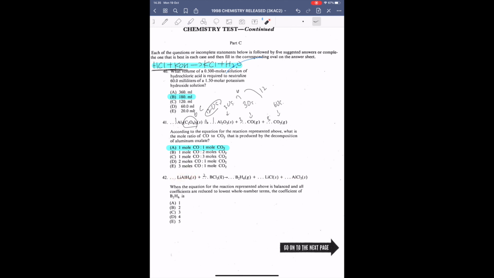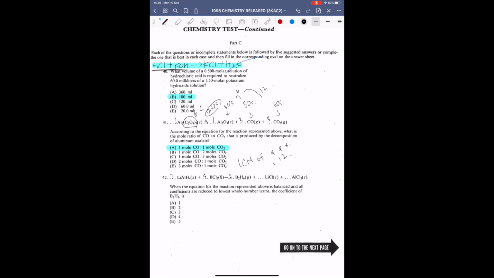So we know that lithium aluminum hydride is present in more than 1 mole, so we know that 2 is not supposed to be there, right? So let's try to find the lowest common multiple of 4 and 6. And we would instantly know that it's 12. So let's put a 3 there and a 2 there. And now we have 4 borons, because it's 2 B2's, so we could put a 4 there.